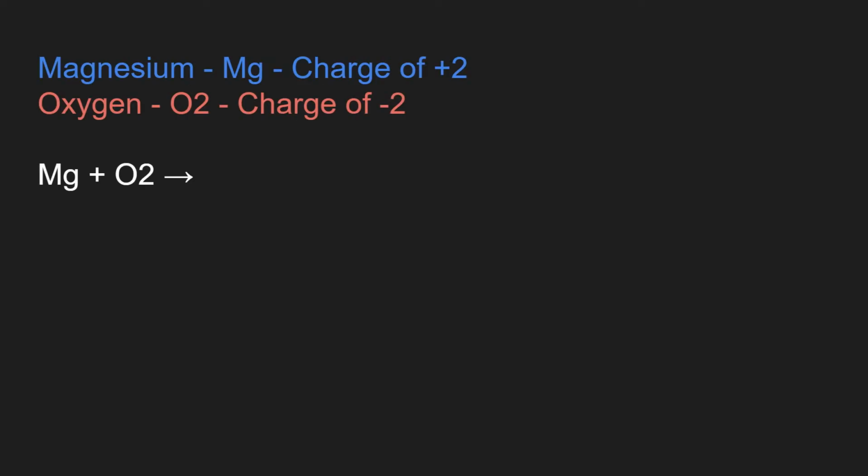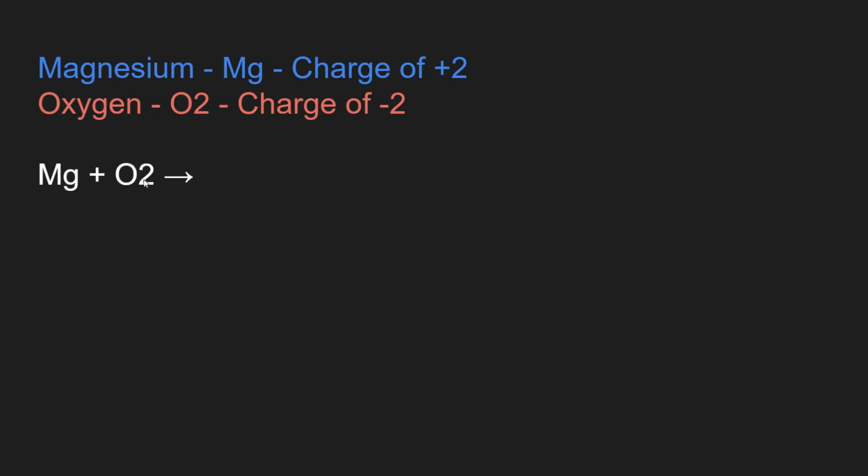So, let's start. Magnesium and oxygen react. So, we know magnesium is an element on the periodic table. Oxygen is also an element on the periodic table. And oxygen is an element that's often going to be in O2 form, as in it's going to be like a gas. So when you look at it, magnesium, Mg, has a charge of +2, and oxygen has a charge of -2 in its O2 form.